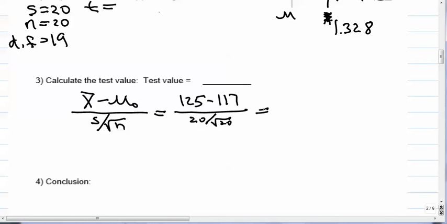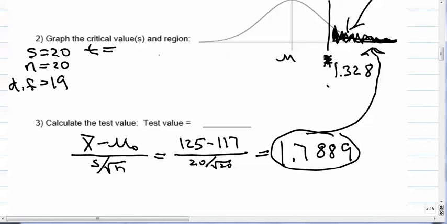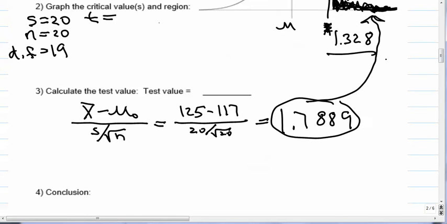If you do your calculations, you should come up with 1.78899. Now, when I go look at my critical region, 1.7889 is somewhere over here because it's above 1.328. This is the region of rejection, and so therefore I am going to reject the null hypothesis.